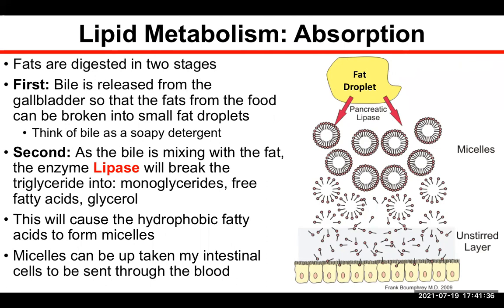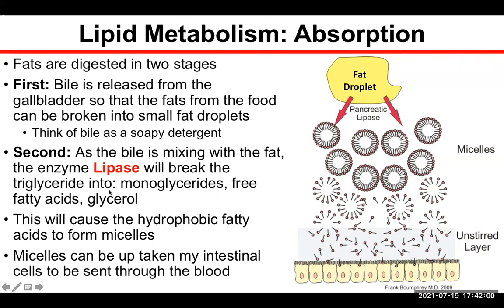After the bile is secreted, you have the enzyme that facilitates the breakdown of these fat droplets, called lipase. The lipase is going to break down the triglycerides into its different constituents: the monoglycerides, the free fatty acids, and glycerol.